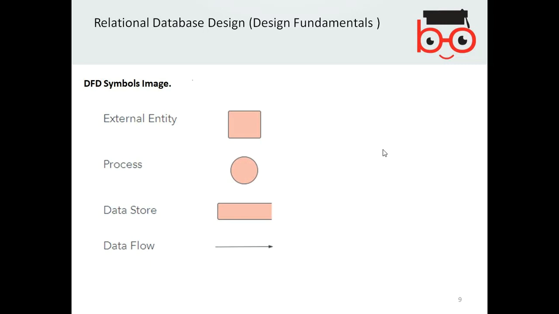But overall the data flow doesn't have anything extra. It only shows from where the data is going to where. So you should be able to know who is sending the data, who is storing the data, and in which direction the data is being sent.